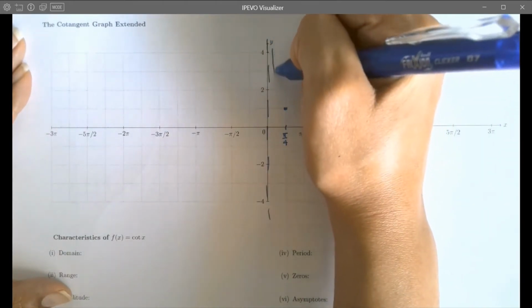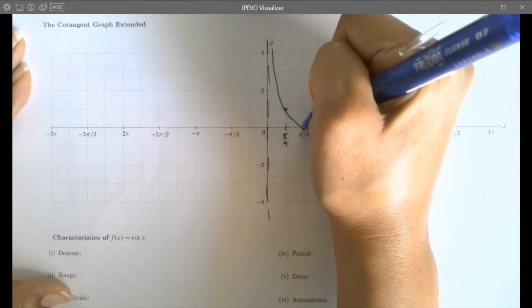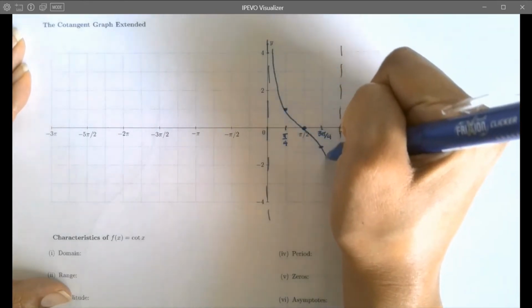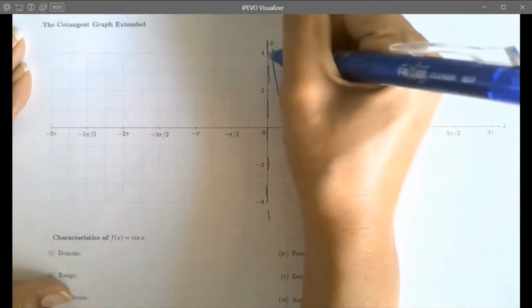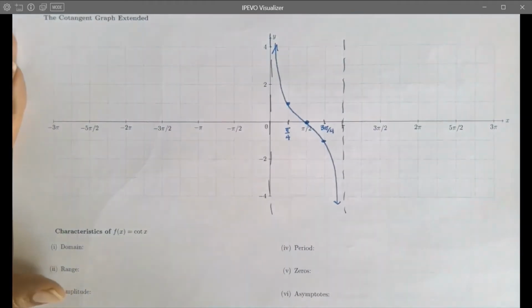So I'm going to approximate the rest of the points so that the curve of cotangent follows more or less what we had on the previous page.